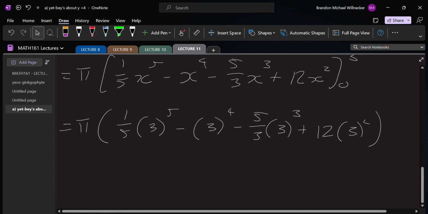Just a note for your June exam. This disc method, washer method, shell method will be 30% of your exam. The other 30% will be your integration methods: u substitution, partial fractions, integration by parts, trig integrals, all of that stuff.